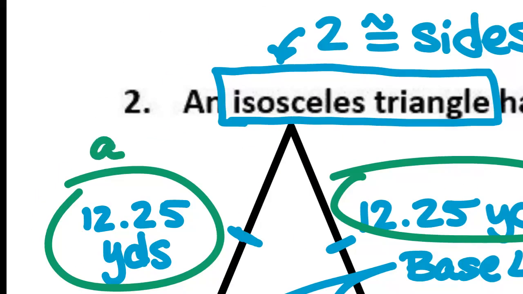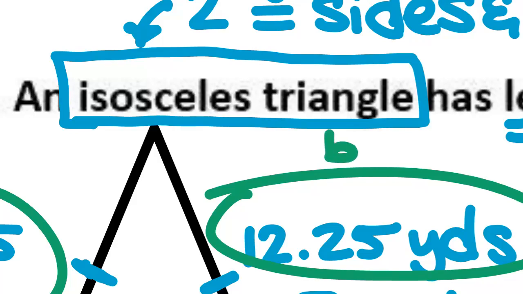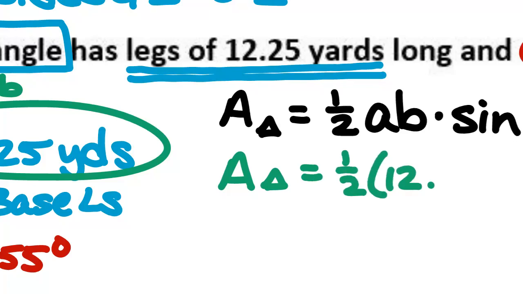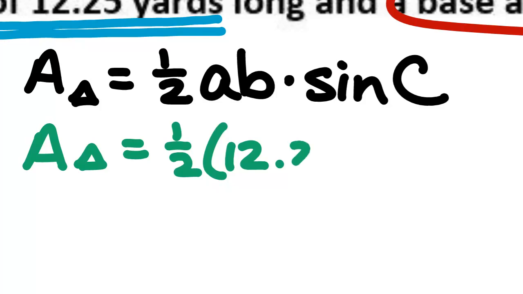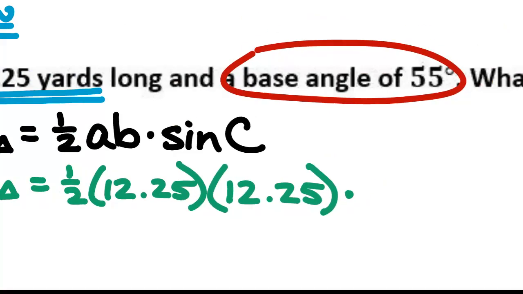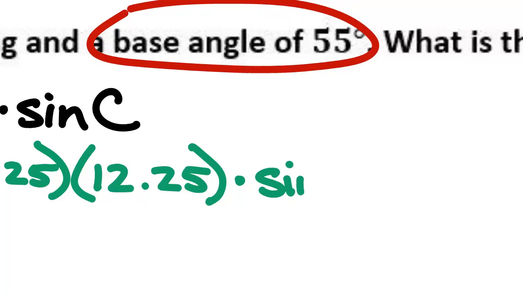So one of them is A, the other one is B. So I'd have area for a triangle equals 1/2 times 12.25 times 12.25 times sine. Do I put 55 degrees in here?